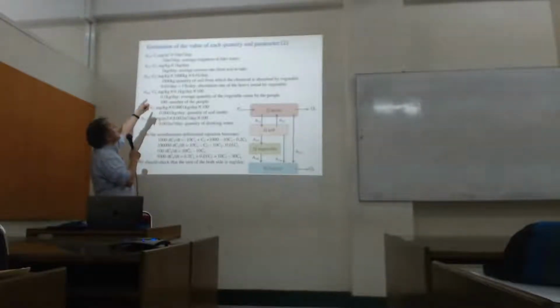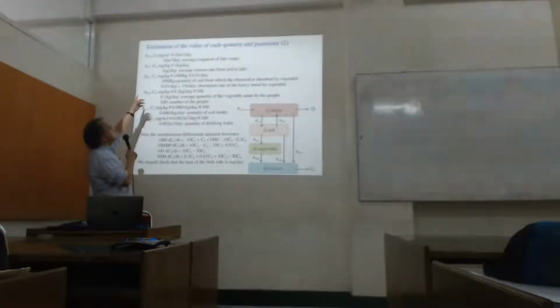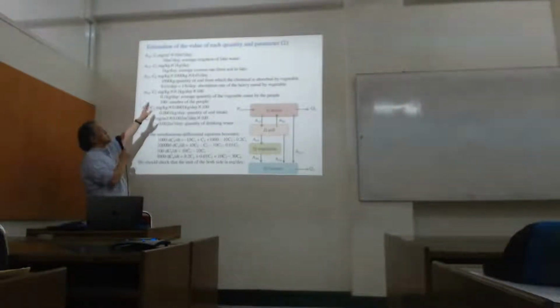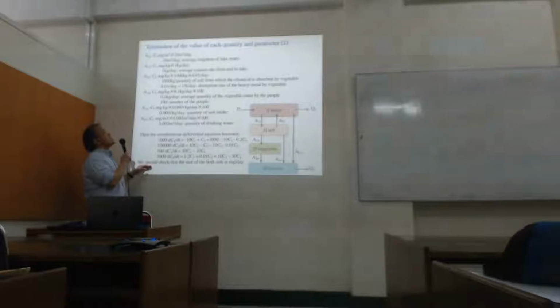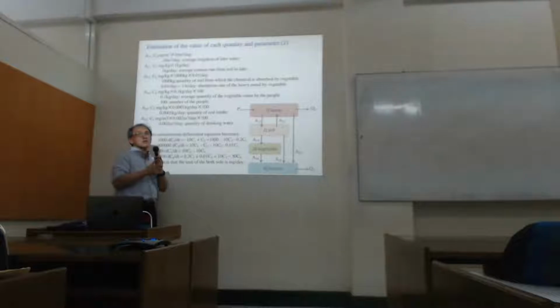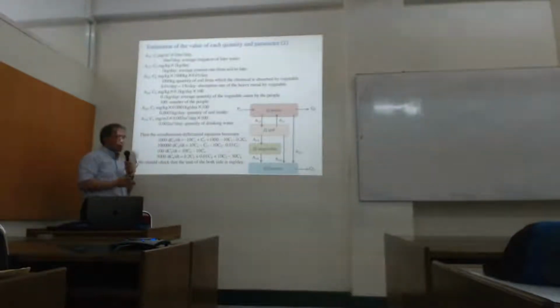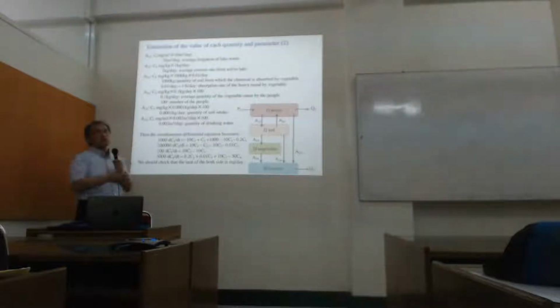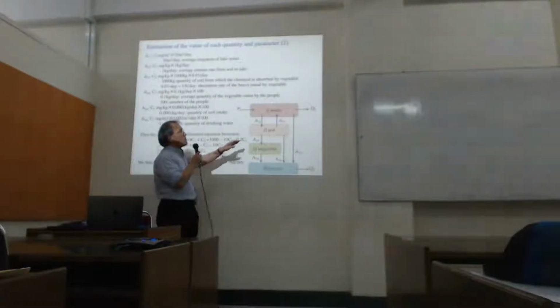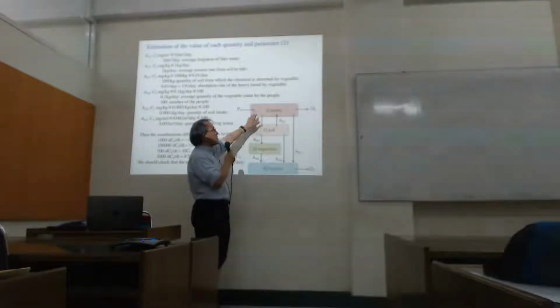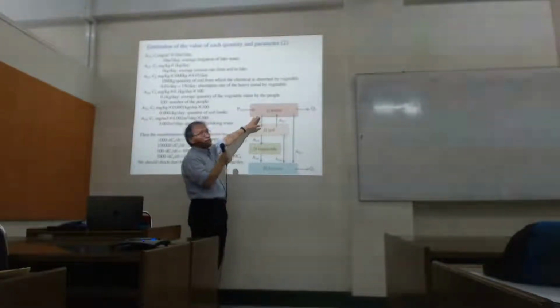A21, you can also estimate using the concentration of the minerals in soil. C2 milligram per kilogram is the concentration of chemicals in soil, times 1 kilogram per day. 1 kilogram per day is the average erosion rate from soil to lake. So you can also make some investigations or measurements of the movement of soil particles from the land surrounding the lake to the lake waters.